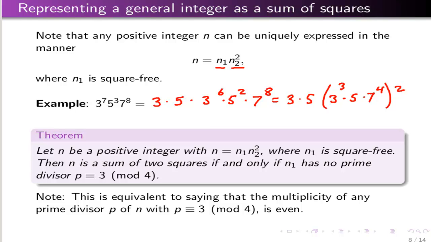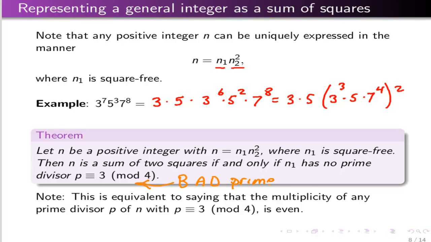Theorem. Let n be a positive integer having the factorization n1 times n2 squared, where n1 is square free. Then n is a sum of two squares if and only if n1, the square free part, has no prime divisor congruent to 3 mod 4. So throughout here, let's think of these type of primes as being bad primes.